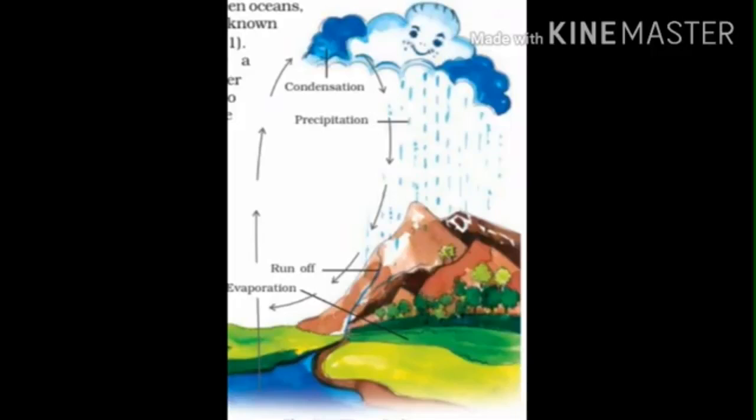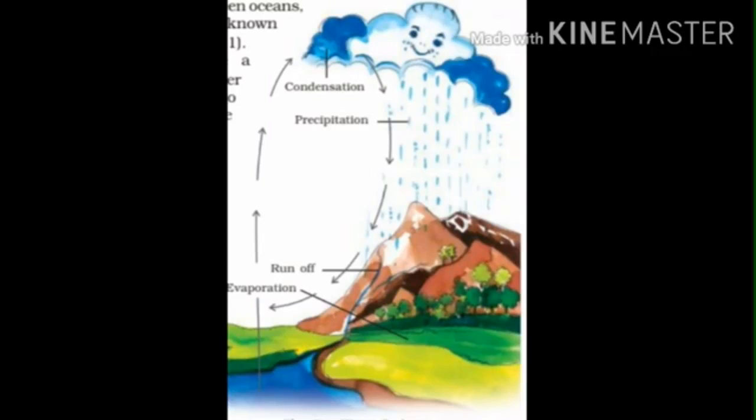The next process is condensation. What is meant by condensation children? Yes, the process of conversion of vapor into a liquid form is called condensation. When the water vapor rises upward in the air, it gets cooler. This vapor condenses around the dust particles or any other matter and forms clouds.